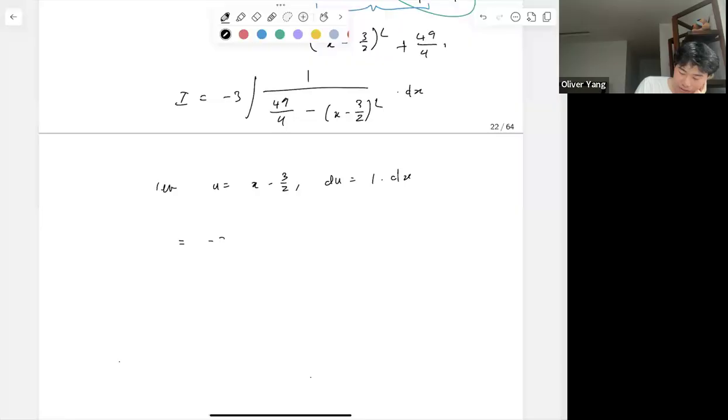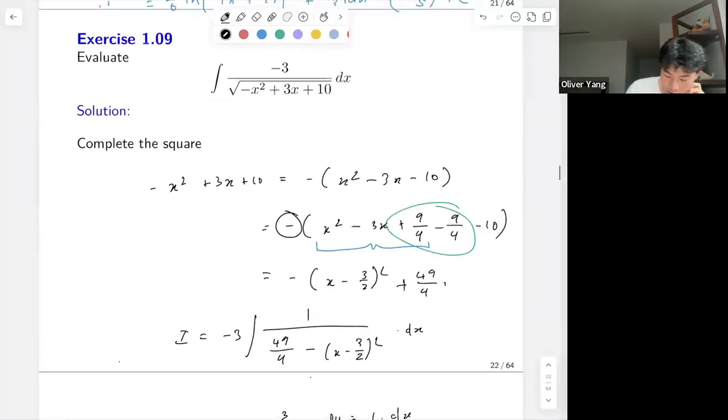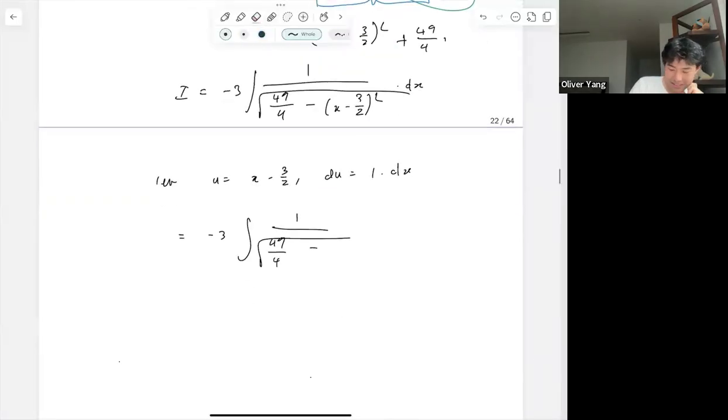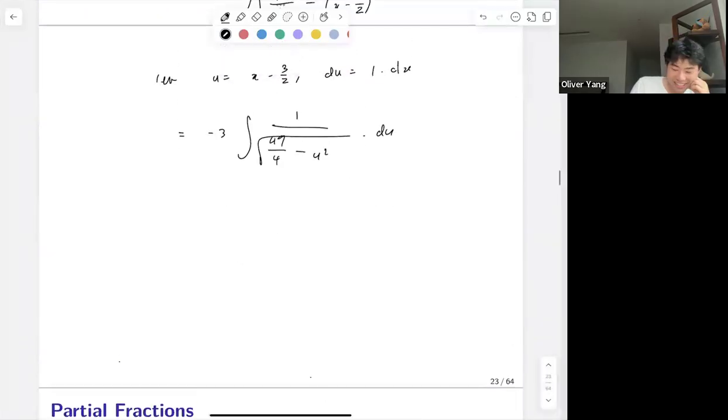So our integral becomes 1 over the square root of 49 on 4 minus u squared, du. Yes, I completely forgot the square root in here. So now we're doing an integral in terms of u.